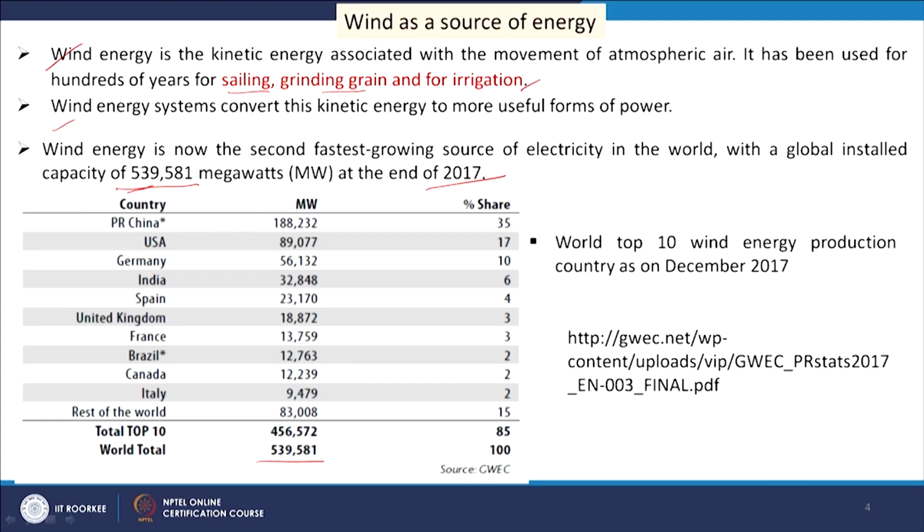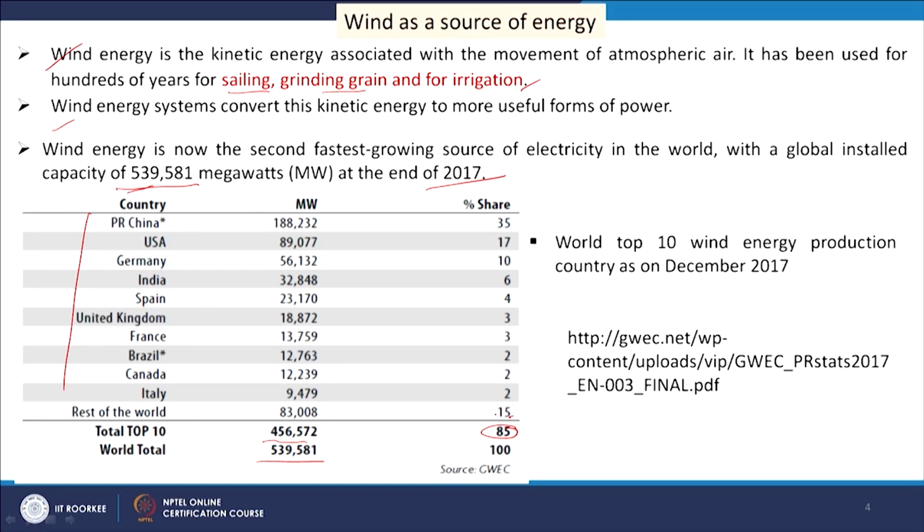Out of this, around 85%, equal to 4,56,572 megawatt, is produced in 10 top countries, and the rest 15% is produced in the rest of the world.